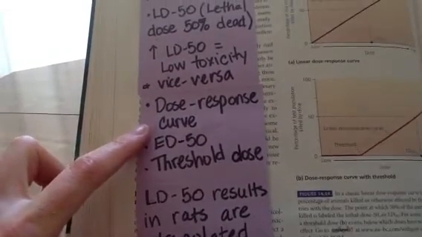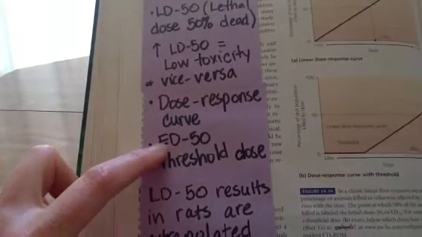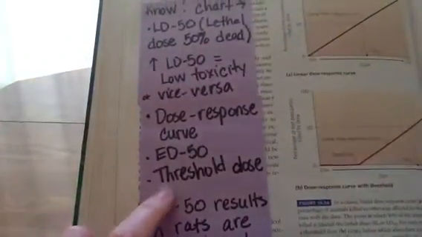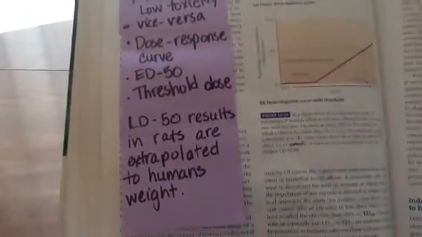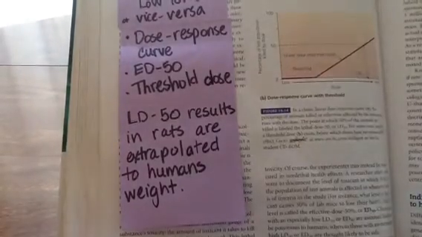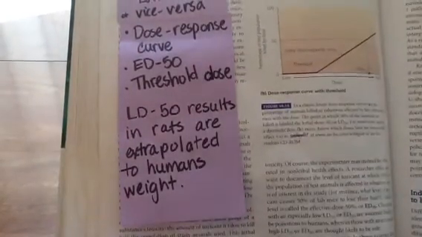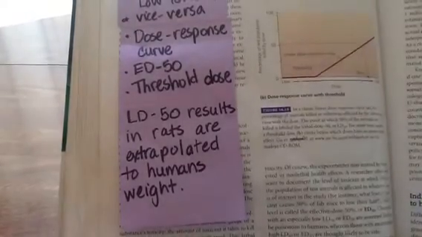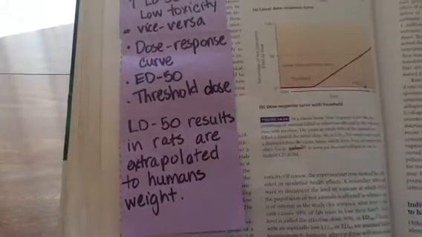Dose response curve. ED50 is an estimated dose, not the lethal dose. The threshold dose. And we test toxins on rats, and then we extrapolate the results to human weight. So we know what the dose is that's going to kill a human, not because we've tested it on humans, but because we say, well, a rat weighs this much.